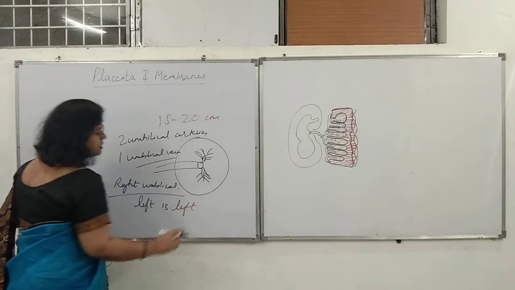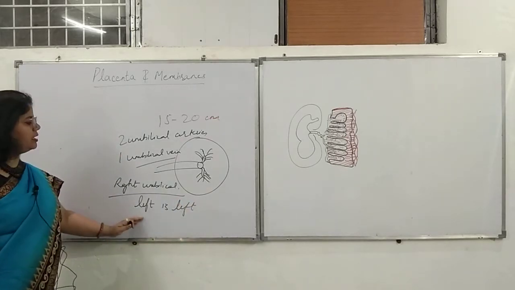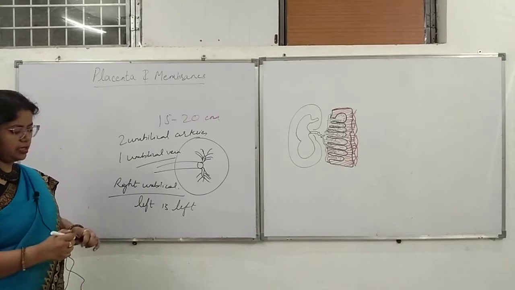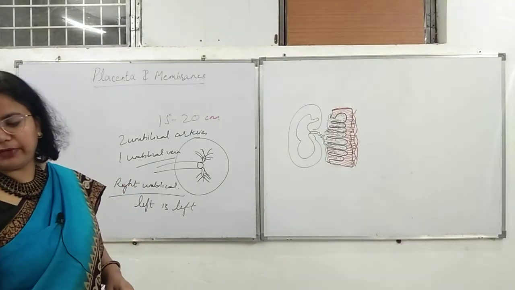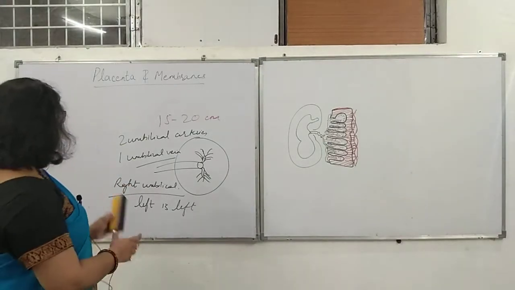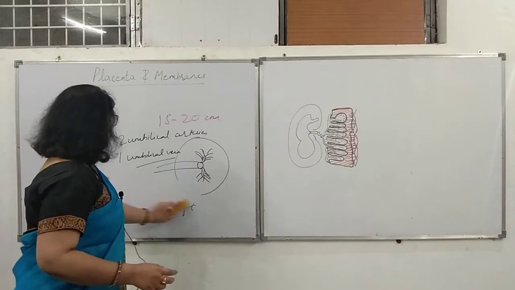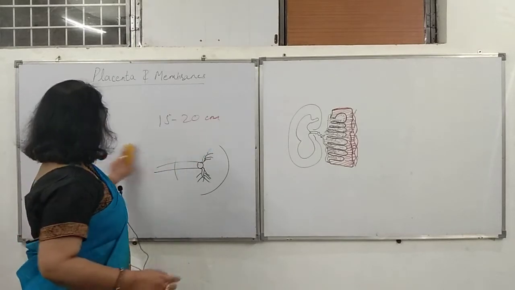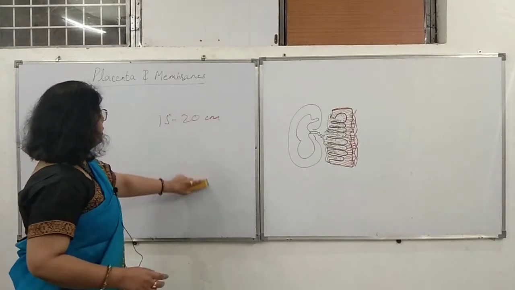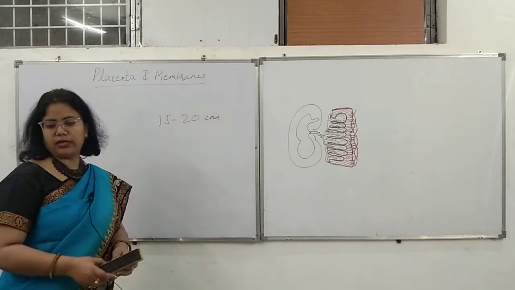How to remember which umbilical vein is left? Left is left. So you can remember that the umbilical vein left is left. The membranes can be peeled off only up to the insertion of the umbilical cord and not beyond that.